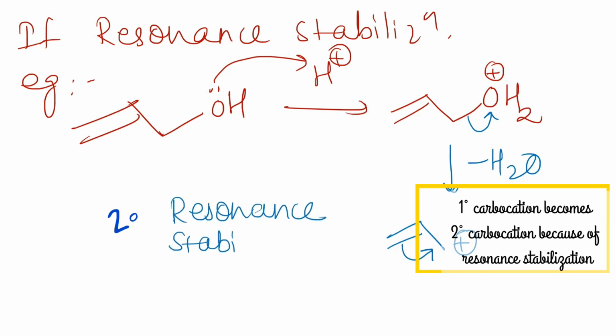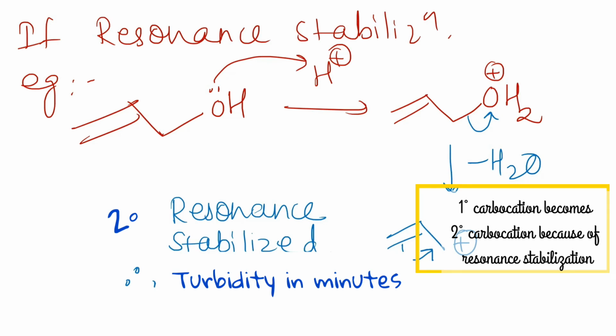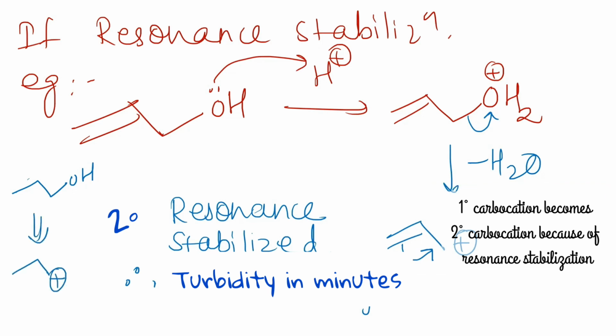It means the primary carbocation got converted to a more stable secondary carbocation, and these secondary carbocations show turbidity in minutes. In contrast, if I had this particular compound, then my carbocation would be this. Here there is no resonance to stabilize this carbocation. So for the alkyl halide I get from this carbocation, the turbidity appears after a long time.